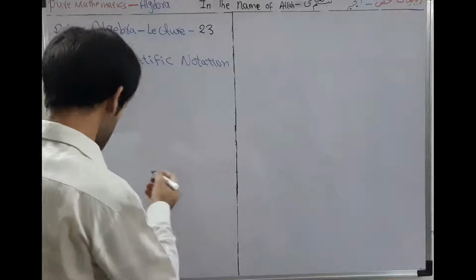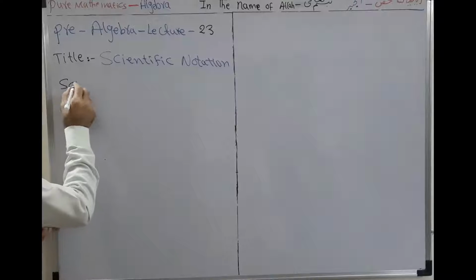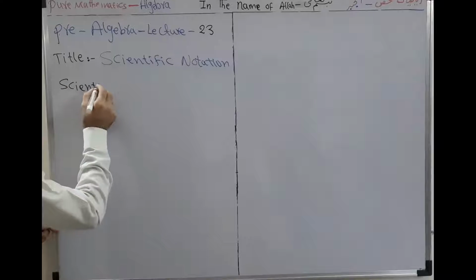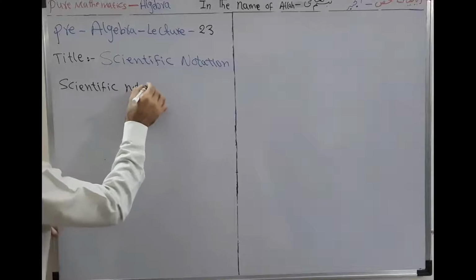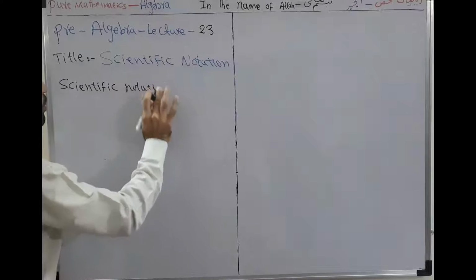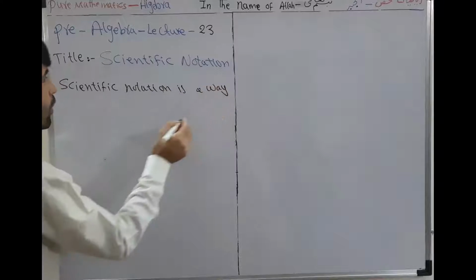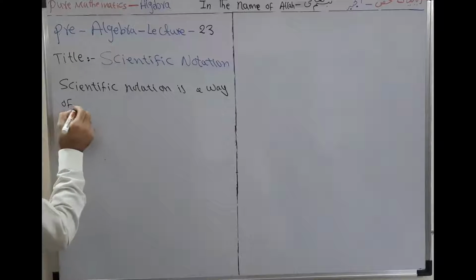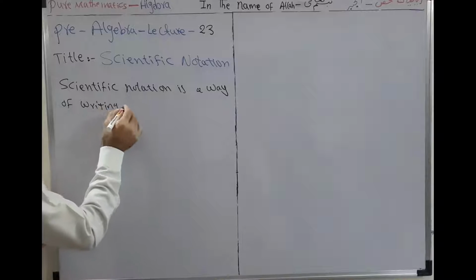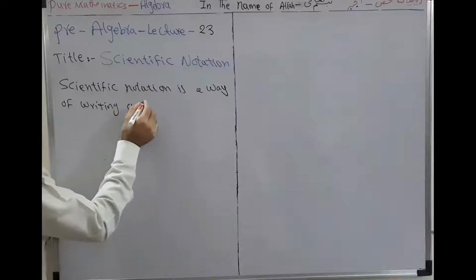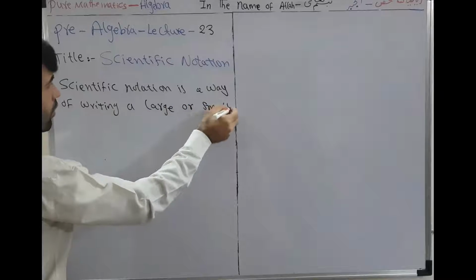Here we want to explain this concept. Scientific notation is a way of writing a large or small number.